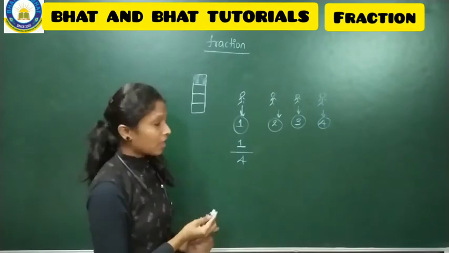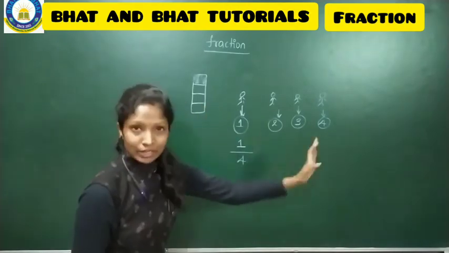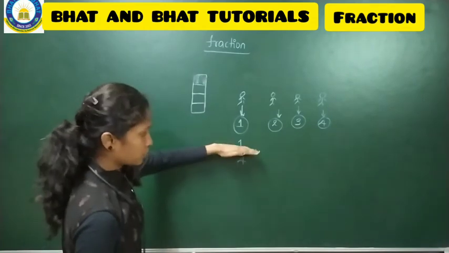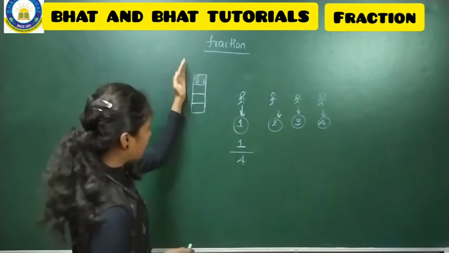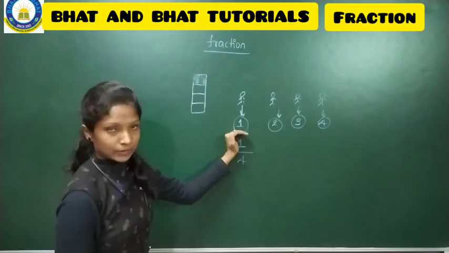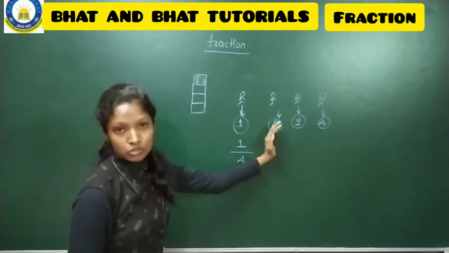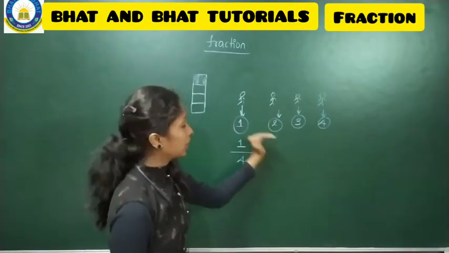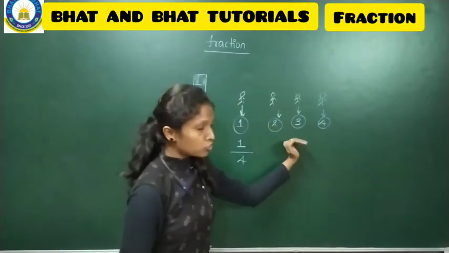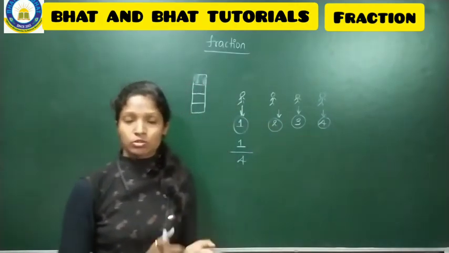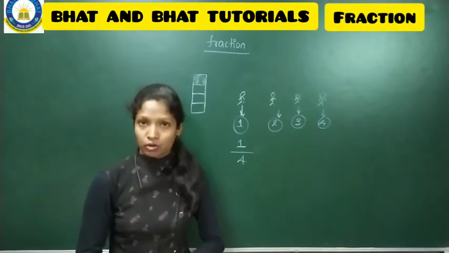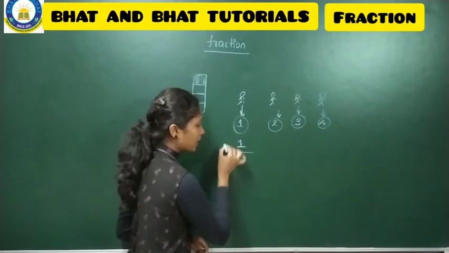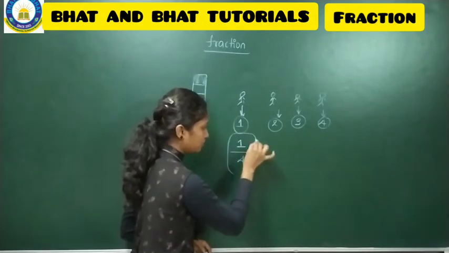As soon as I make the parts, I should start dividing it. So when I give the first part to the first person, out of four parts, I am giving one part. In the same way for the second person also, out of these four parts, one part will be given. In the same way for the third person also, and for the fourth person also, I start sharing the chocolate. So it is 1 by 4. This is the part which I am going to share with the people.